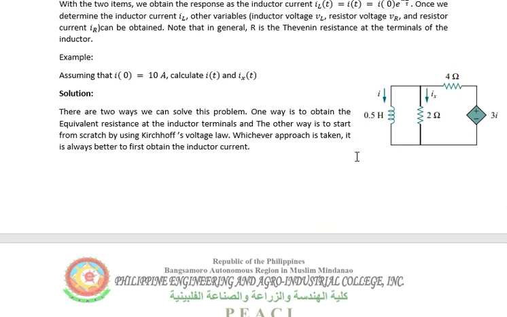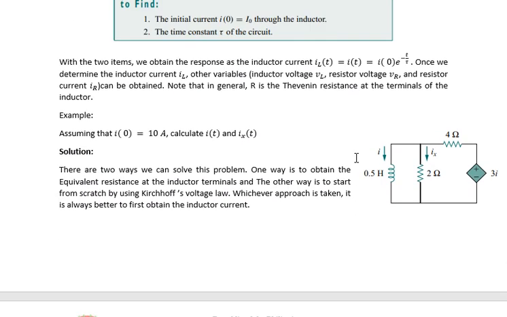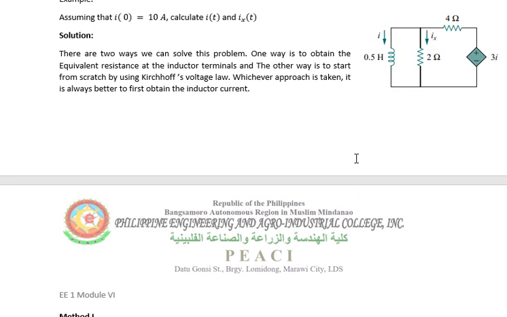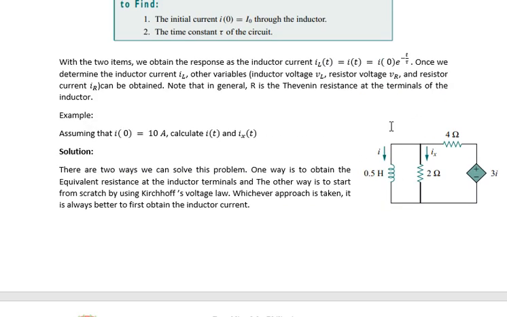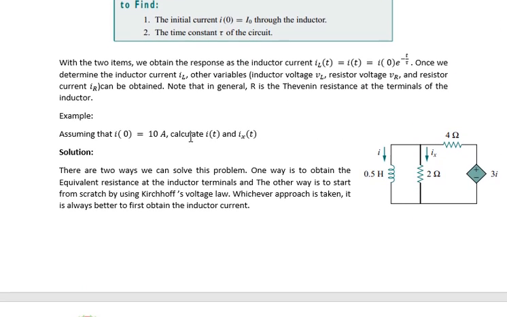So ibig sabihin, no, we can also use this to analyze the problem that is being involved in free RL circuit, same as what we have done in analyzing the source free RC circuit. Okay, so we have here a problem, no, examples.